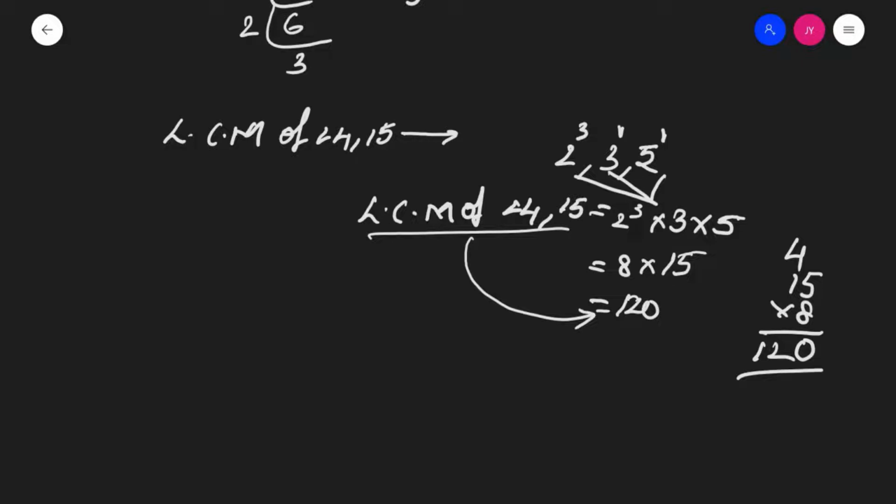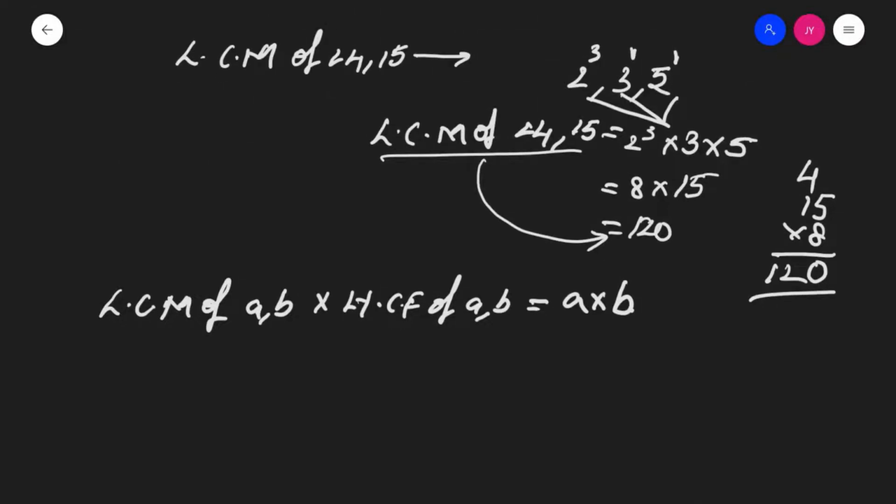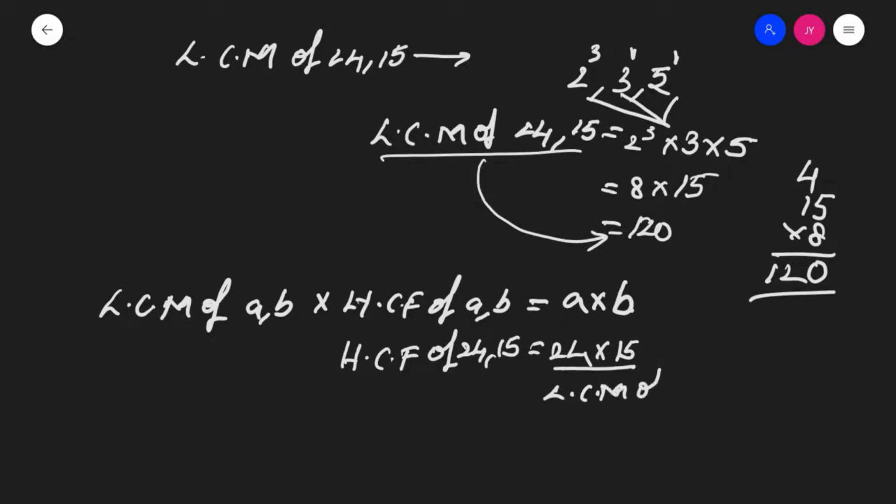Next, let's find the HCF using the relationship between LCM and HCF. So what is the relationship? LCM of A and B into HCF of A and B is equal to A into B. So what will HCF of A and B become? HCF of 24 and 15 is equal to 24 into 15 by LCM of 24 and 15.